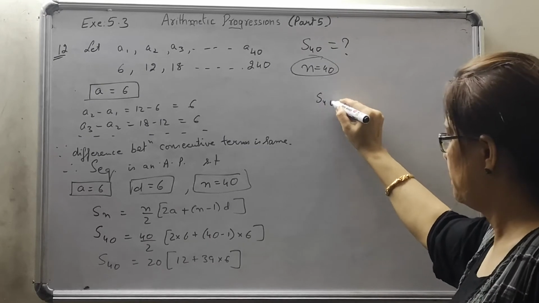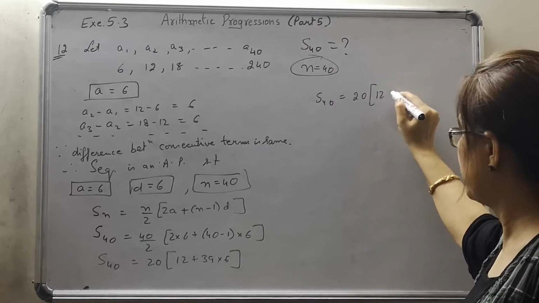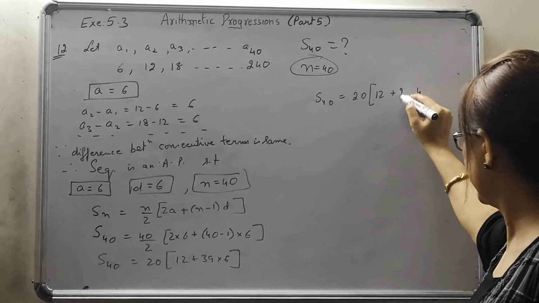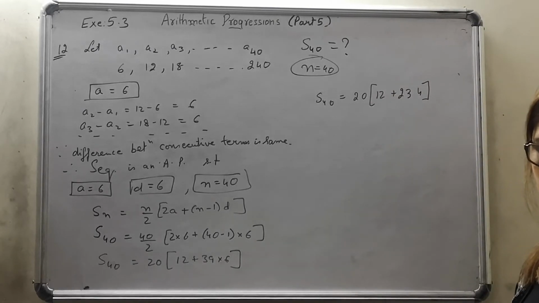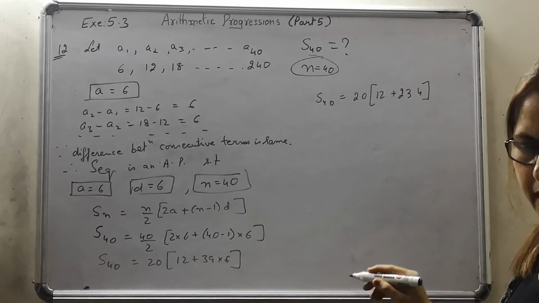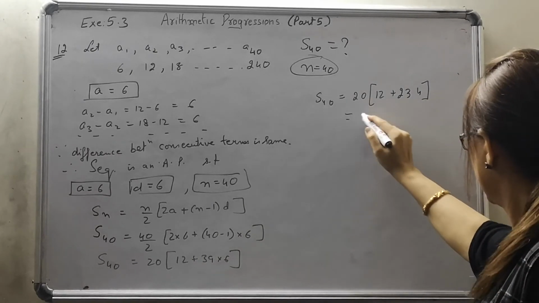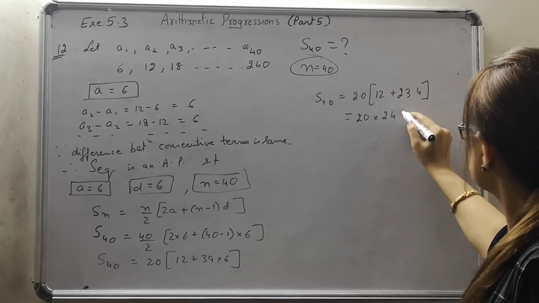S40 is equal to 20 into 12 plus 6 9s are 54, 6 3s are 18 and 5 is 23. So this is 12 plus 234, and in the next step we have 20 into 246.